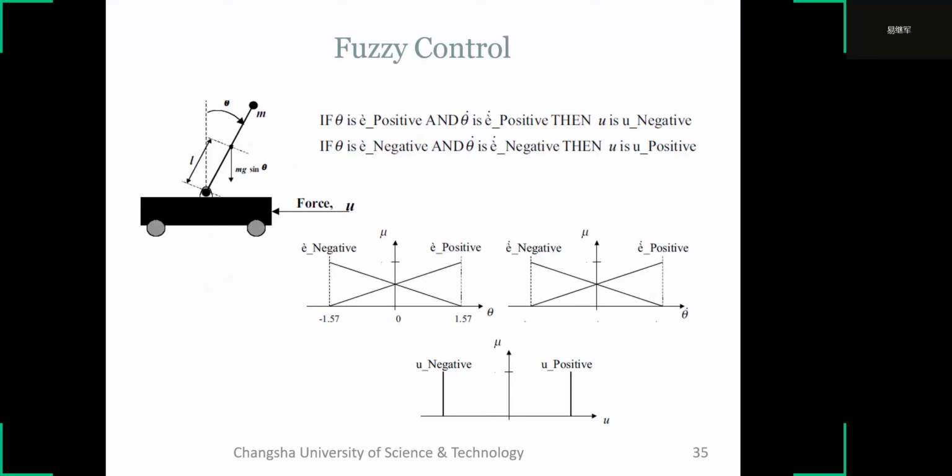For example, if theta is positive and theta dot is positive, then the output is negative. If and then, if and then. This is fuzzy logic.